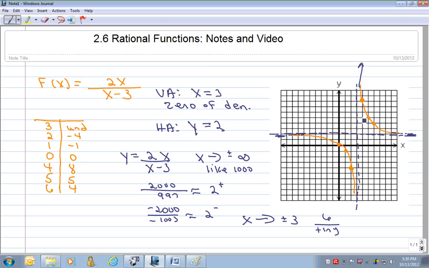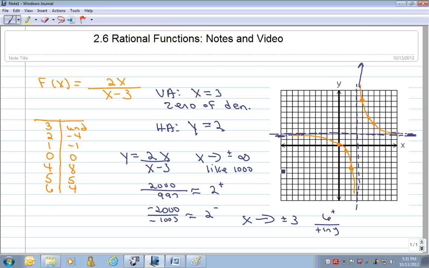So it'd be 3 and a little bit, or approximately 3, which would give us approximately 6 at the top. And that 3 and a little bit minus 3 would be a really, really small positive number, and it would get smaller and smaller, and when you divide, you would get larger and larger. So it would go off to positive infinity.